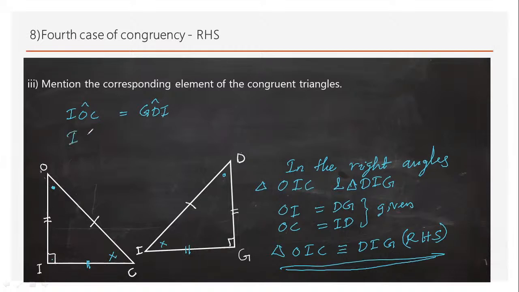Angle ICO equals angle DIG. This angle and this angle. Next, we have mentioned this line, right? IC equal IG. These are the corresponding elements of these congruent triangles.